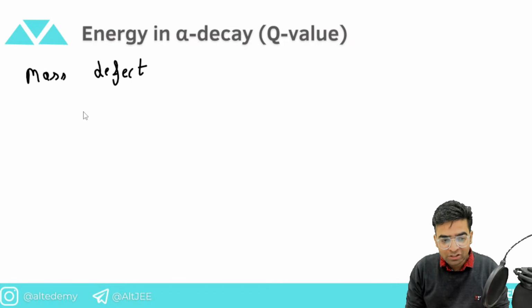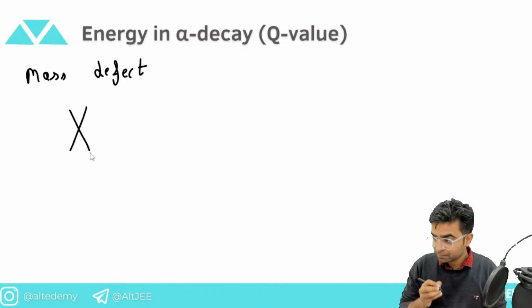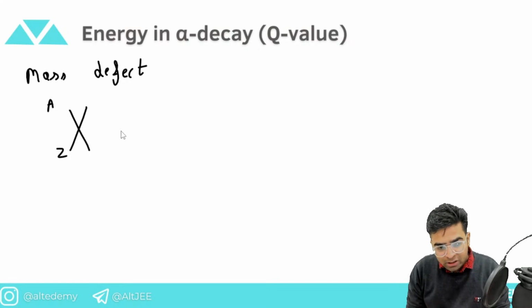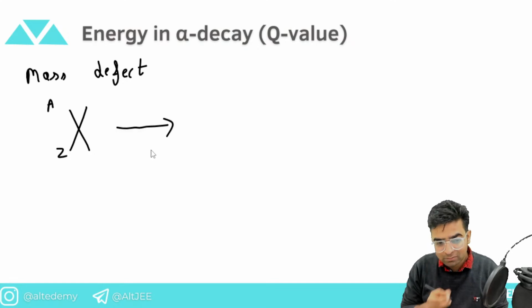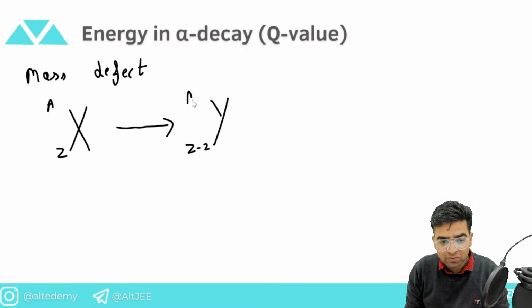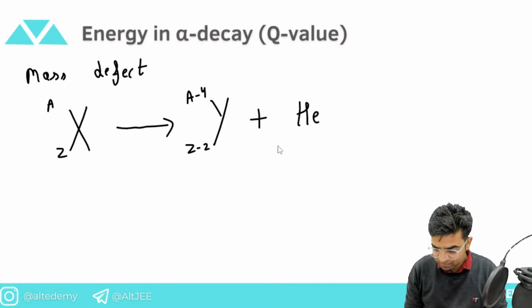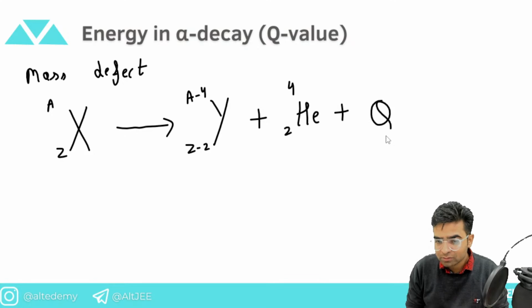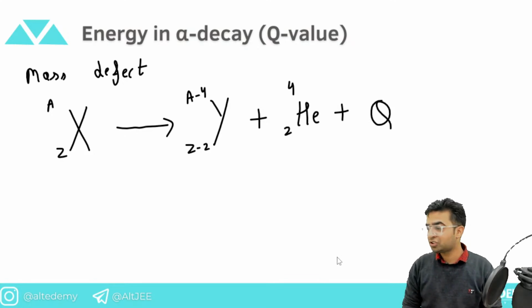This is the parent atom, X with Z and A, and it goes like this: Y with Z minus 2 and A minus 4, plus He 2 4, plus energy.